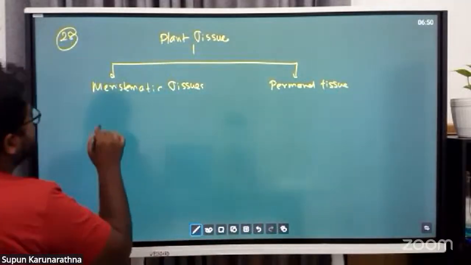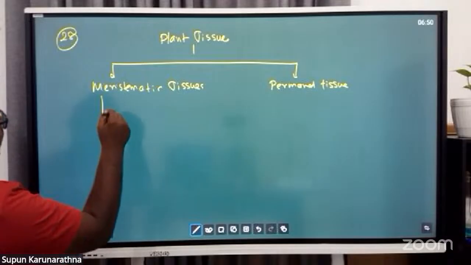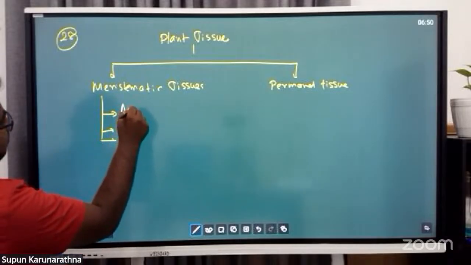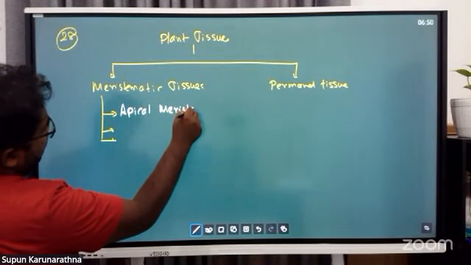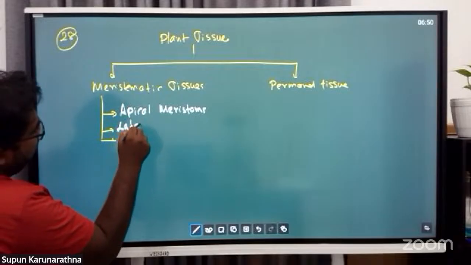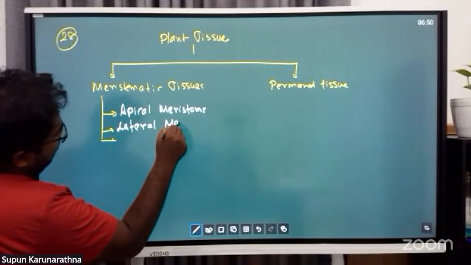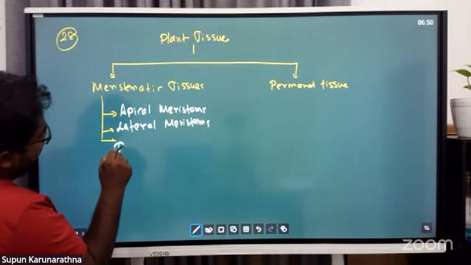Meristematic tissues, there are mainly three. We call them apical meristems, lateral meristems, and intercalary.